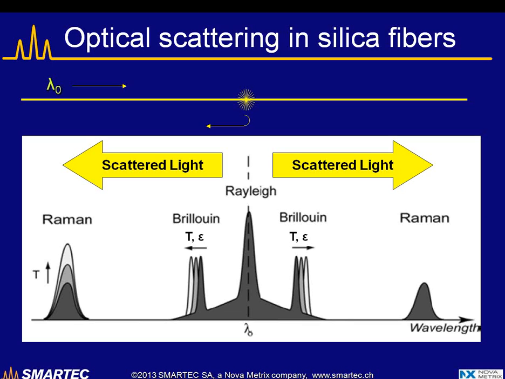And you will also notice that the position of the Brillouin peak and the amplitude of one of the Raman peaks are temperature and strain dependent. So we can use those peaks to analyze the strain and the temperature at the location where the scattering has occurred.